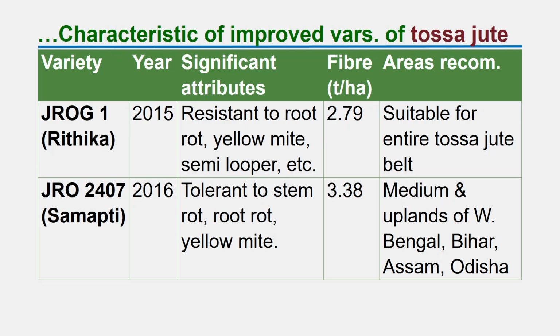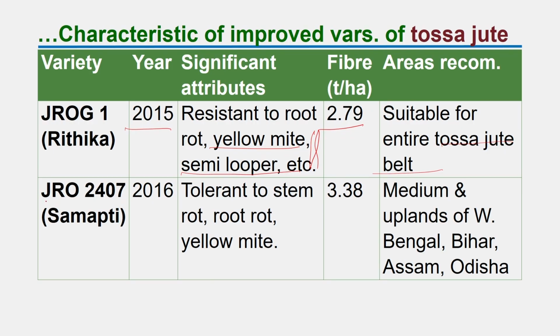Next is JROG1 Ritika. This variety was released in 2015 and it is resistant to root rot, yellow mite, semi-looper, etc. So these two important pests may not be there in this variety, and yield is 2.79 tons per hectare, suitable for entire Tosa jute belt.